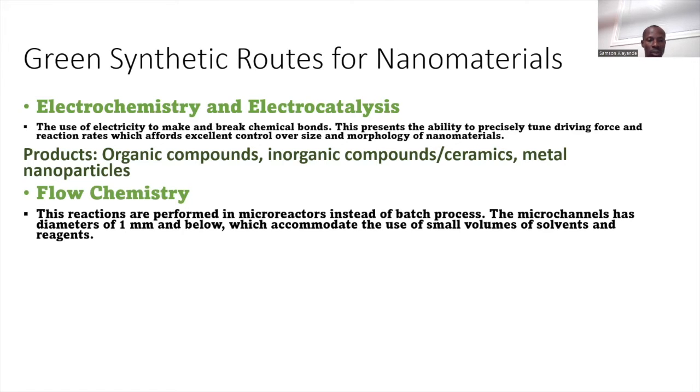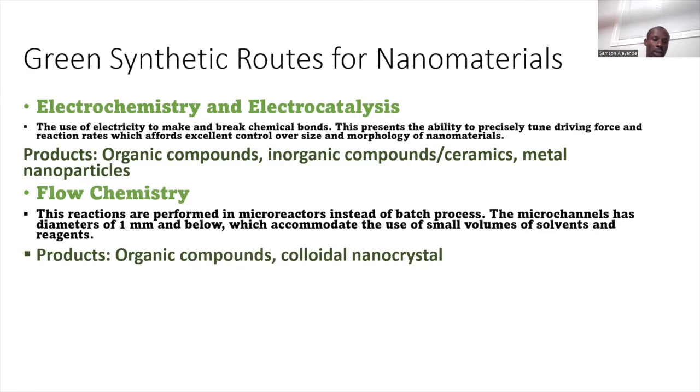We also have the concept of flow chemistry. In flow chemistry, you are looking at the concept of using a microreactor instead of a batch process. So you are looking at the concept of energy conservation. You are looking at recycling of your solvent and using a very small amount of solvent and reagent, in contrast to a batch process, whereby for every batch you discard the solvent, you discard the reagent.